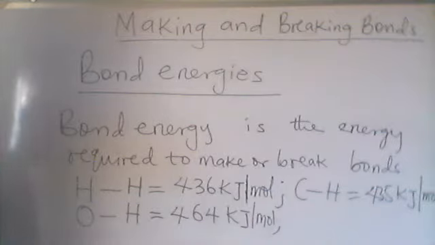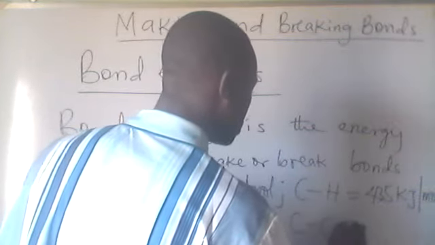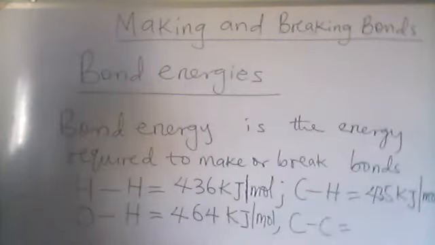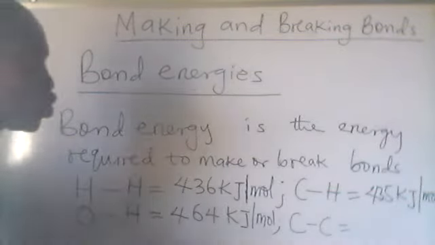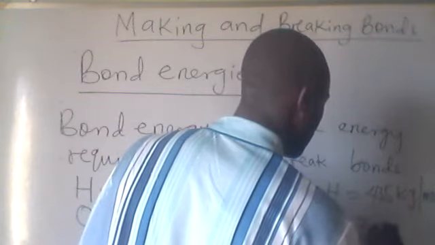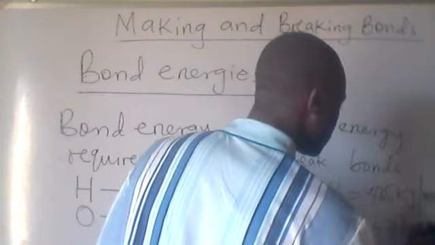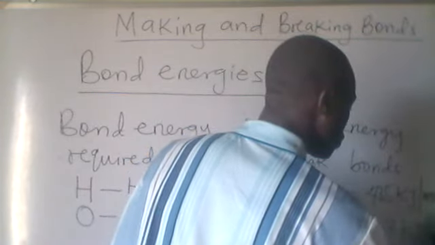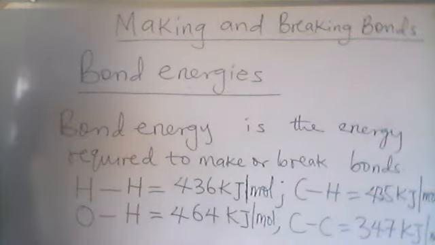Then when you have a carbon to carbon single bond, this will require about 347 kilojoule per mole. Like I told you, this is the value that is required to either make or break this bond.